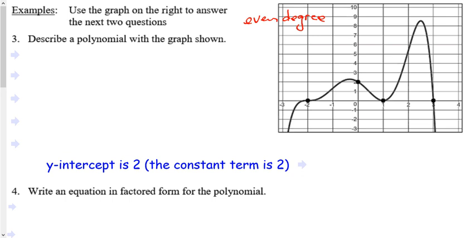Sorry, what? A negative coefficient of what? Highest degree term. So the leading term is a negative. Leading coefficient is negative. Yes, so.